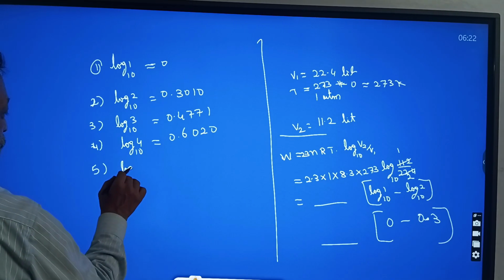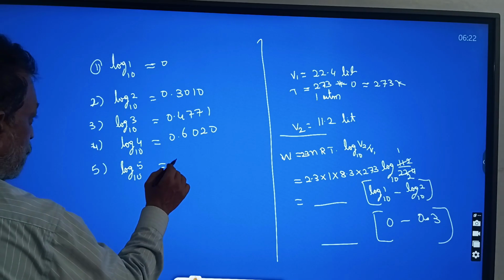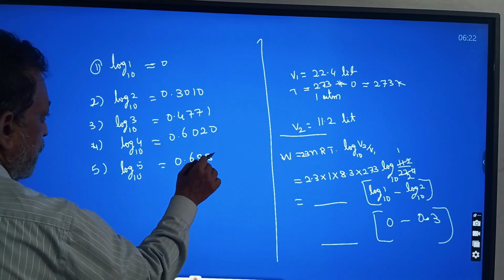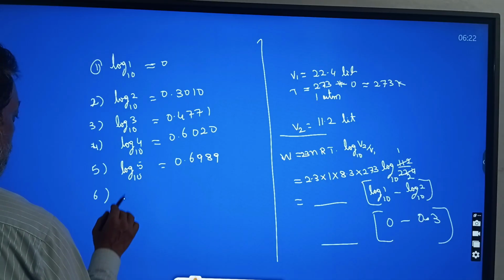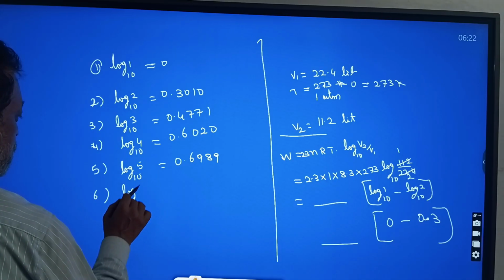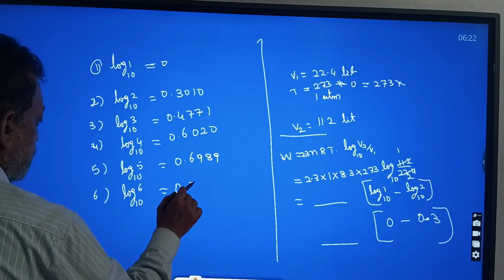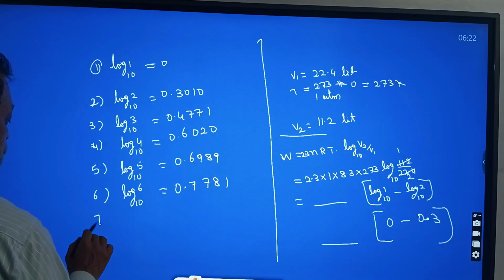Log 5 to the base 10 is equal to 0.6989, and the sixth one, log 6 to the base 10 is equal to 0.77817.